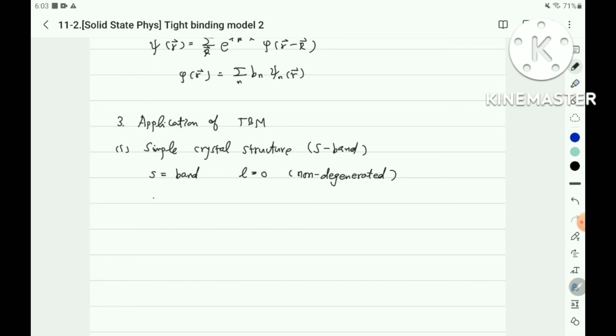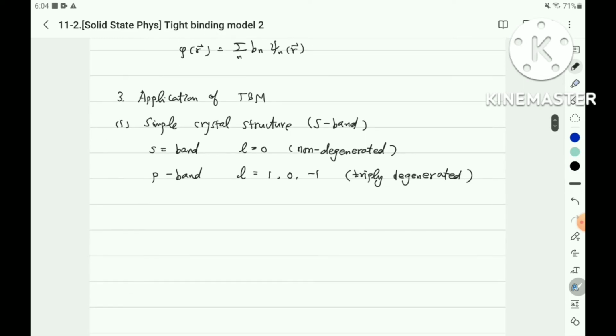For the P-band case, because L equals 1, there are 3 degenerate states, 1, 0, minus 1, so it is triply degenerate. And for the D-band, L equals 2, there are 2, 1, 0, minus 1, minus 2, and it is 5-fold degenerate.